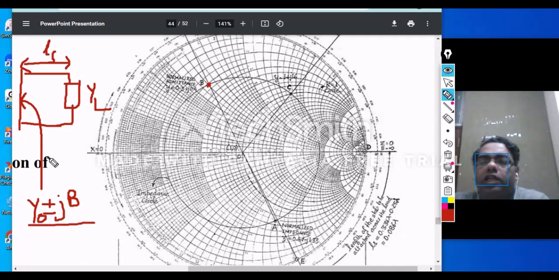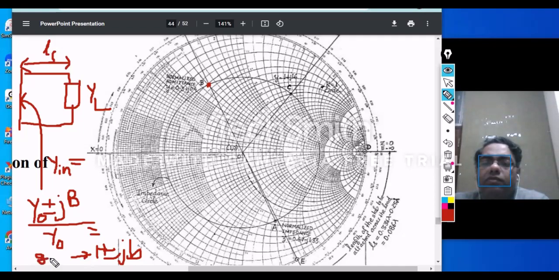That means the input admittance that we see at some distance away from the load should be of this form, and as we are talking of normalized quantities, it should be 1 ± jB. That means my 1, which is the constant G circle, is 1.